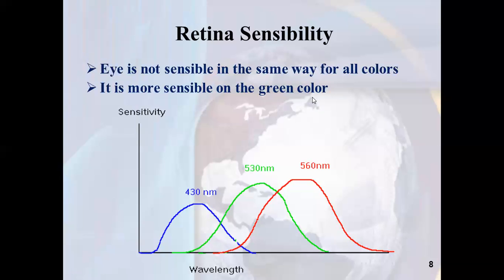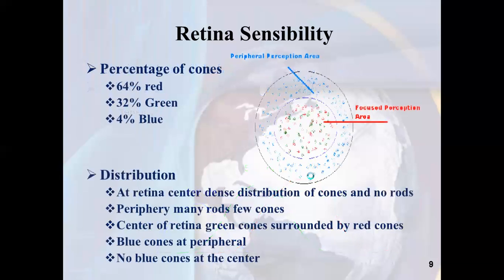Okay, so we have relaxing. The eye is relaxed. So for that, we feel good when we look at nature for the green color. Okay, so these are the three colors: 430 nanometers, 540 nanometers, and 560 nanometers.